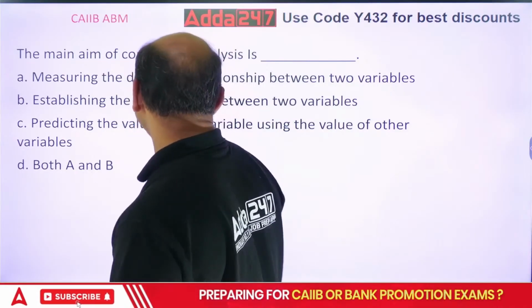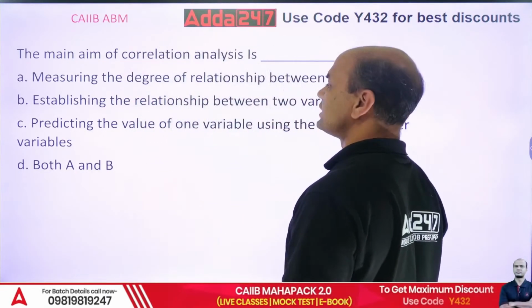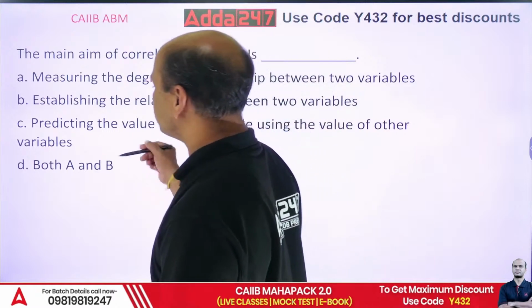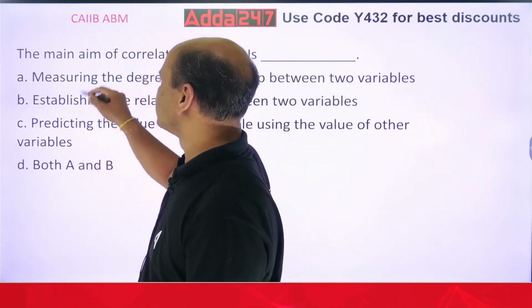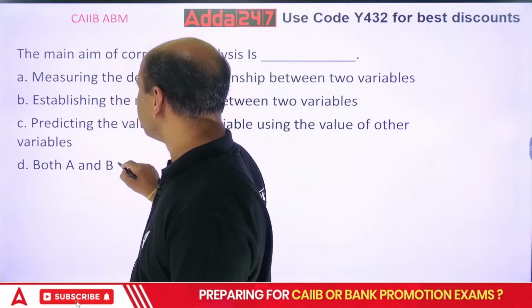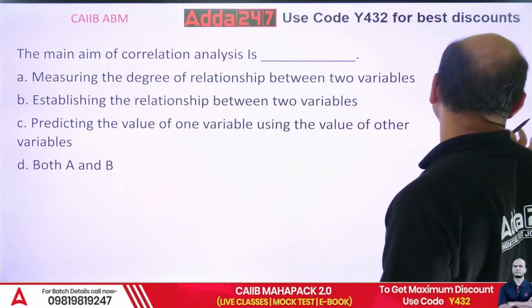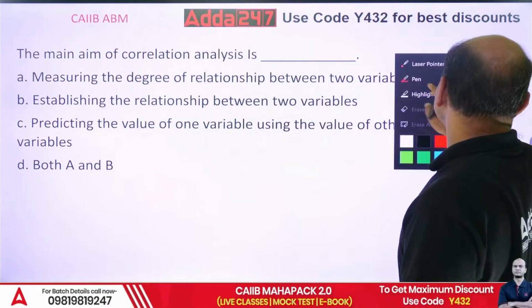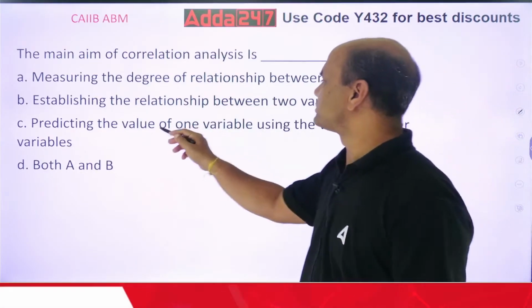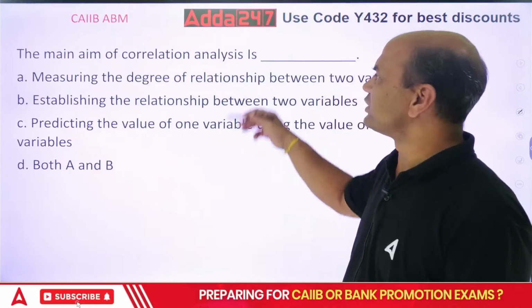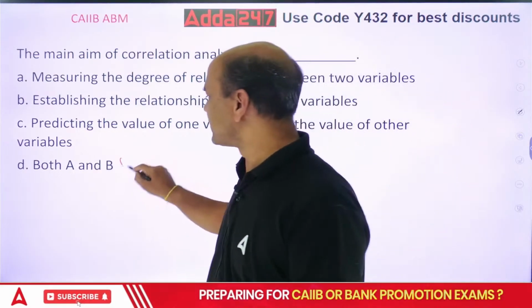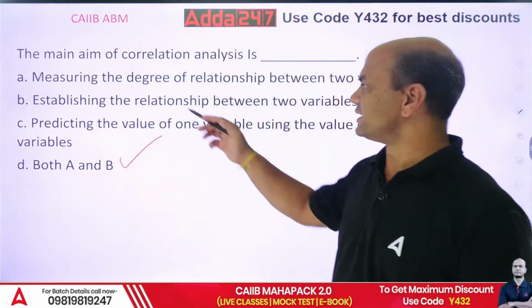Predicting the value of one variable using the value of other variable, no, that is just a prediction. Both A and B is the answer, because that is just putting the values, so that is not correlation. Correlation means establishing the relationship.